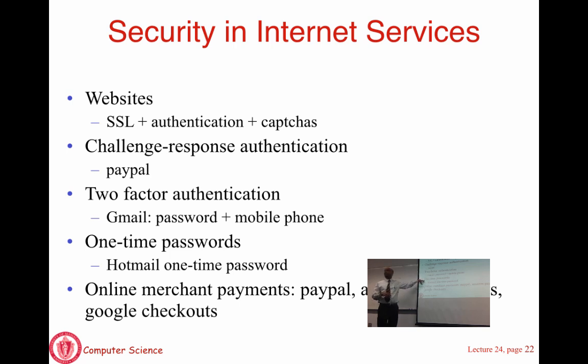Then there are things like one-time passwords, which some banks use. Online merchants use third-party payment systems to protect your credit card and financial information. As you know, if you're shopping online at some small merchant, you don't feel comfortable giving them your credit card, because you don't know what kind of system they use to store credit cards.